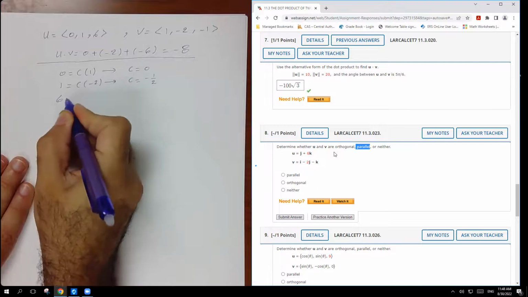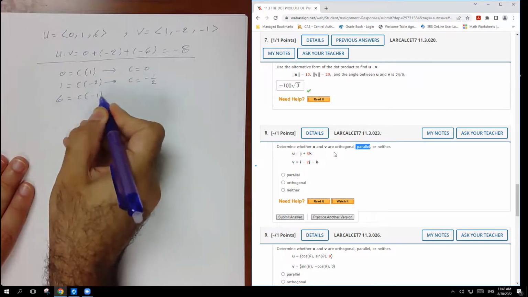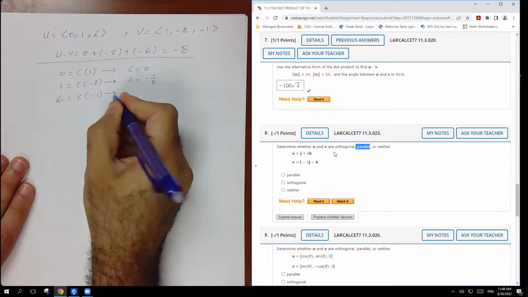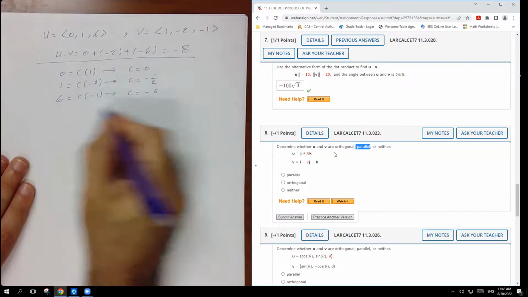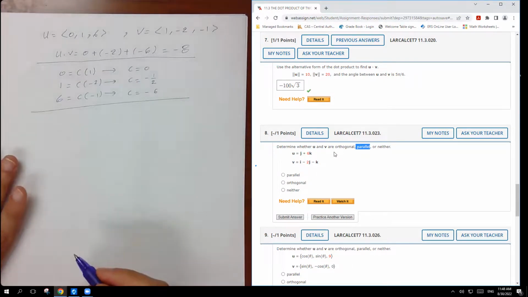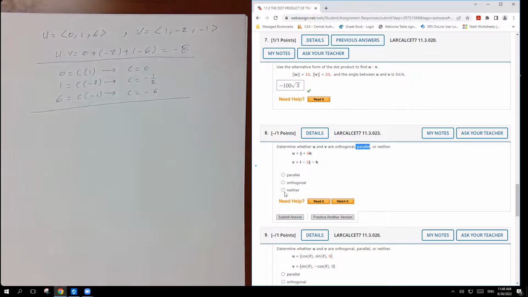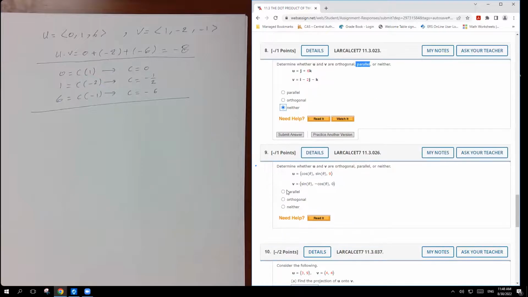The third one, 6, is going to be equal to C times -1, which means C is going to be negative 6. Is that the same C? No. What does that mean? It's not parallel, so you're just going to choose neither.